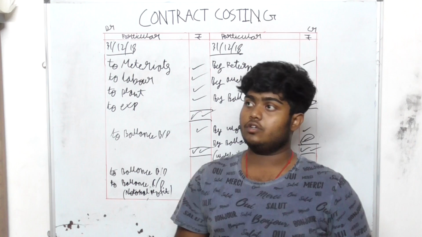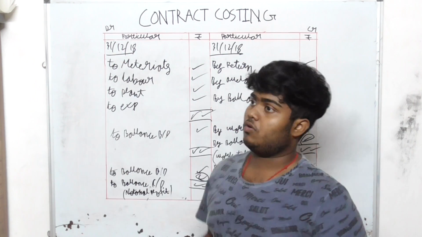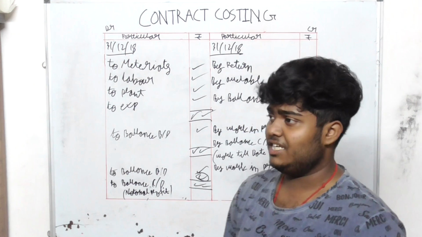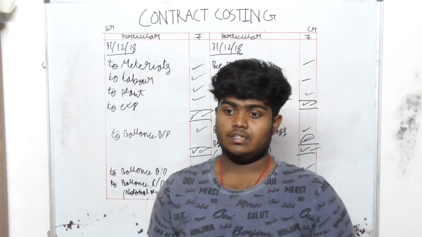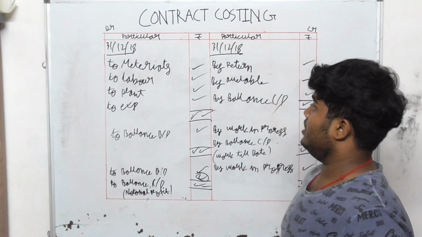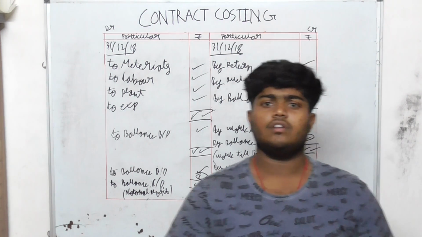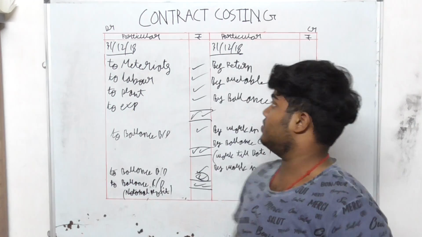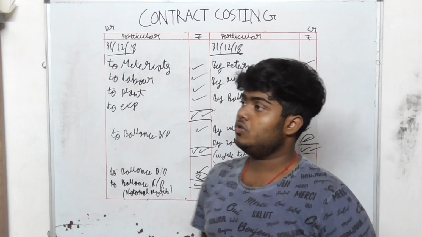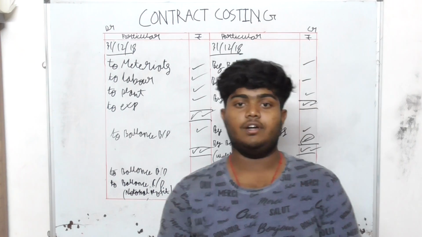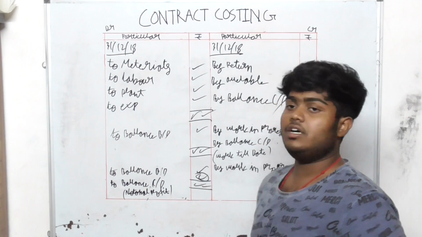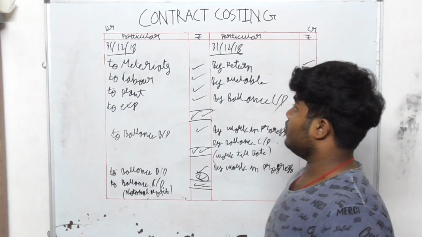If the contractor does the job only up till here, only 19%, sorry, not 19%, yes, if the contractor does the job only 90% till the last date, the contractor is not able to accept all the profit.